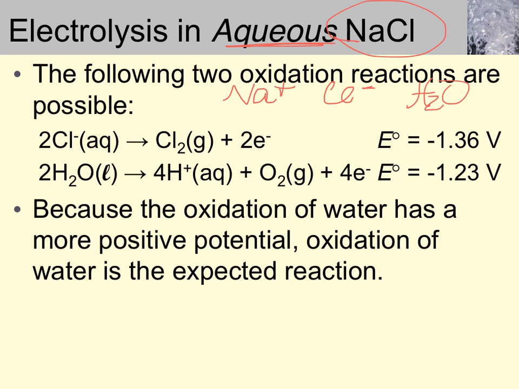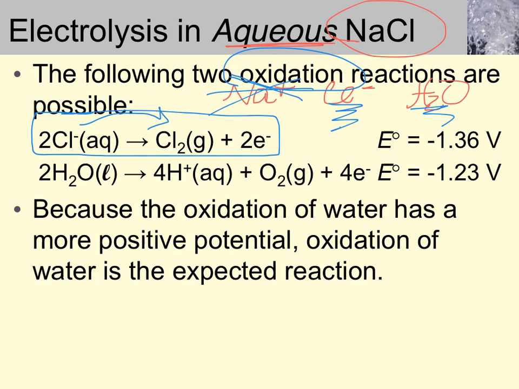Let's look at oxidation first. Oxidation means losing electrons. A cation is not readily oxidized. It's already lost an electron. It is not going to lose any more. So if you're looking for oxidation, you want to look at the anion and water molecule. Those are the two you're comparing. If chloride anion is oxidized, it makes neutral chlorine. If a water molecule is oxidized, and you probably won't be able to memorize this half reaction, but it's always written out in the standard reduction table, this is the product.